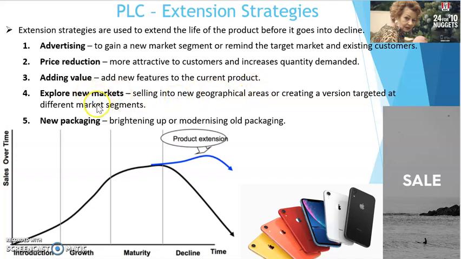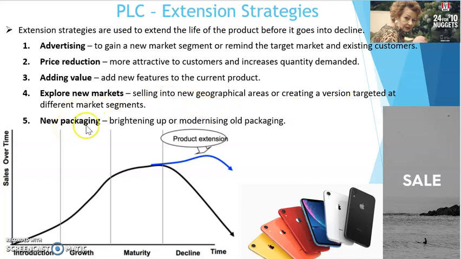And combined with this point and the adding value in advertising is that the business could look to adjust and update the product in a way that it's going to be more attractive to a different market segment. So an example of this could be making a product more gender friendly for a specific gender and updating the product in such a way.